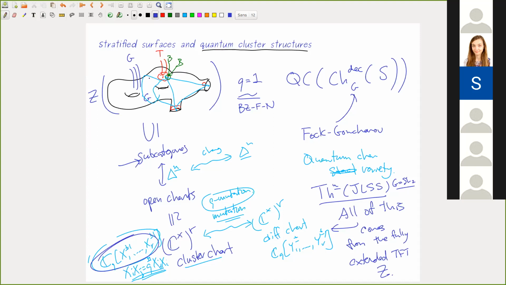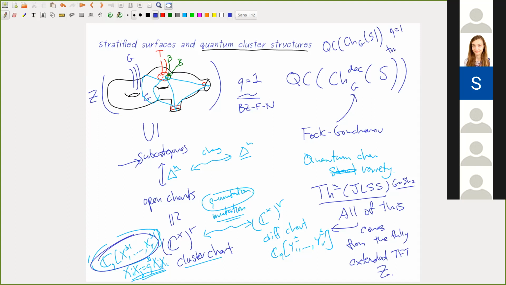Yeah, well, okay, so it's even easier to connect to what you're asking about, even without considering the decorated character stack. Earlier in the talk, before we started worrying about these B's and T's, we talked about this thing. And I said this was what happened at Q equals 1.